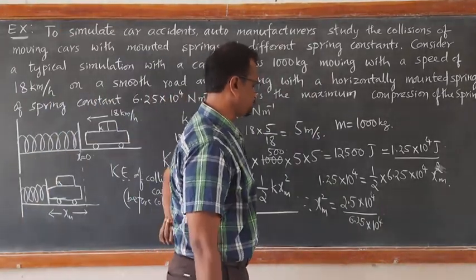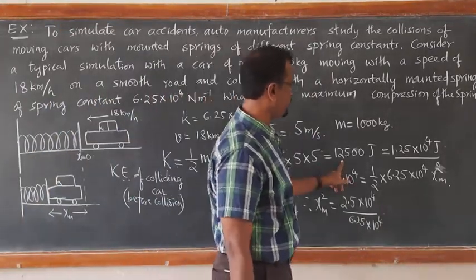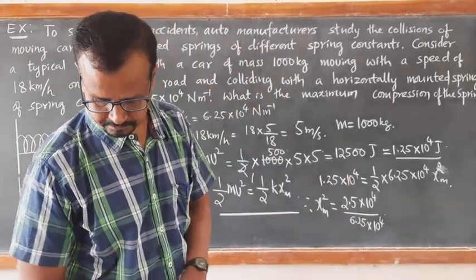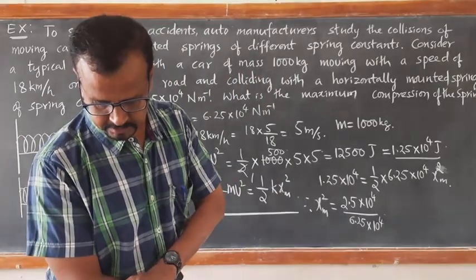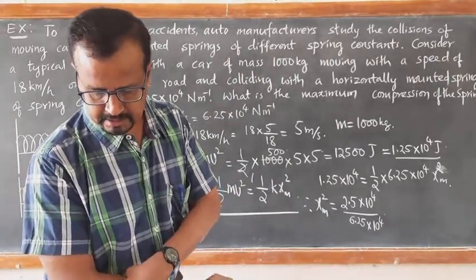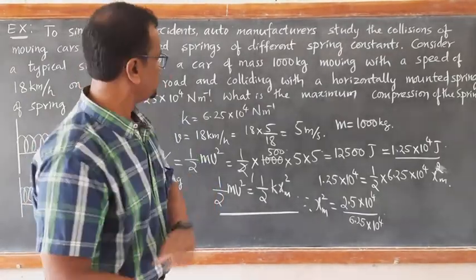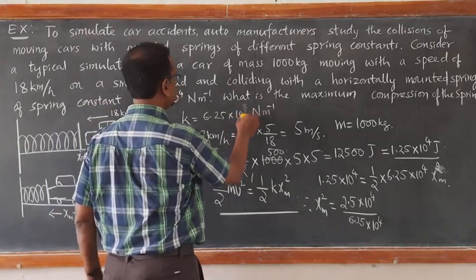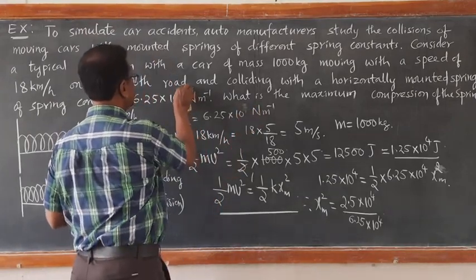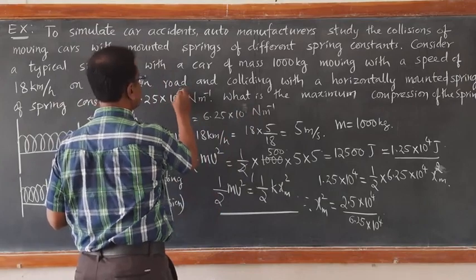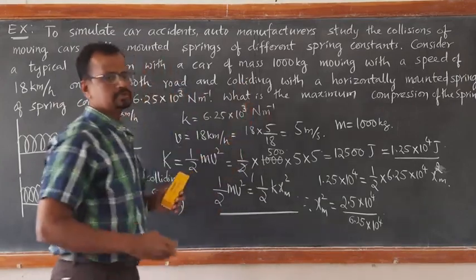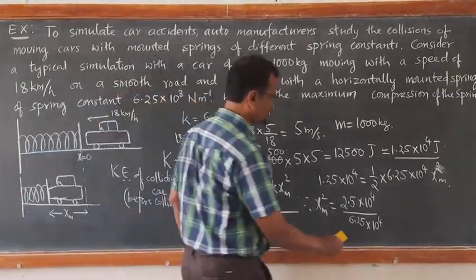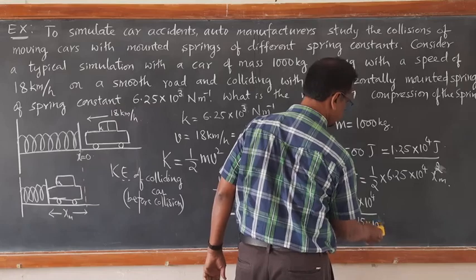Let me check the correct value. The spring constant is 6.25 into 10 raised to 4, and this is not 10 raised to 4, this is an error here. It is 10 raised to 3. Please correct it. This is 10 raised to 3. So as a result, in the denominator, you will have 10 raised to 3.